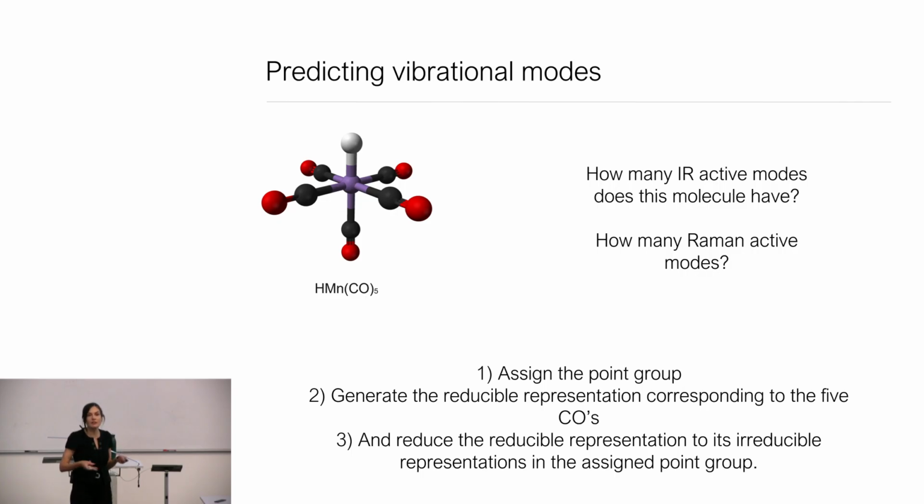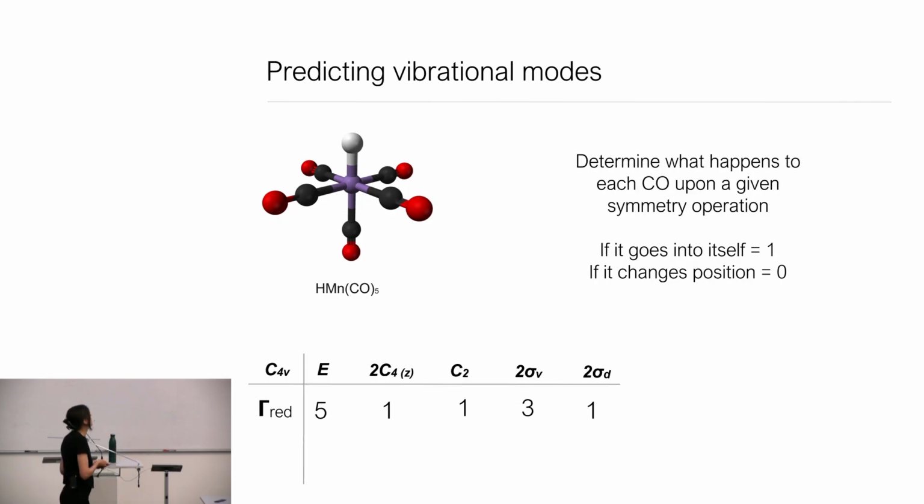And for most of us, this is going to be hard to do by simple inspection. And so what we instead need to do is to assign the point group, generate the reducible representation that corresponds to these 5 COs, and reduce that representation into its irreps within the assigned point group. And so that's what we're going to just do briefly now together.